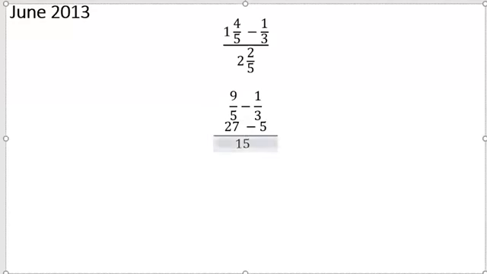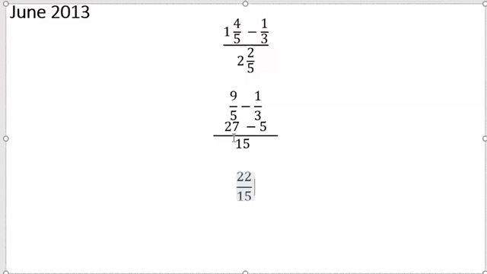So now we can go ahead and do our subtraction, and we say 27 minus 5, and that will leave us with 22 over 15. And now we can include the denominator portion of the fraction. So 22 over 15 represents the calculation from 1 and 4 over 5 minus 1 over 3.